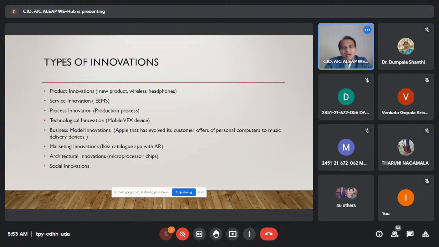The company finds that there is a large demand for accessory components. Then immediately the company starts manufacturing its own accessory components like keyboards and mice. This kind of innovation is referred to as business model innovation. So this is one kind of innovation in the business environment.